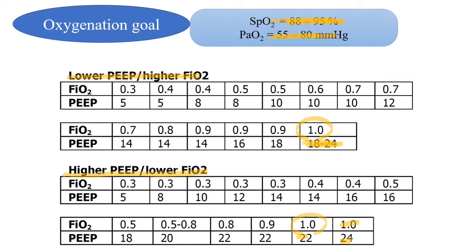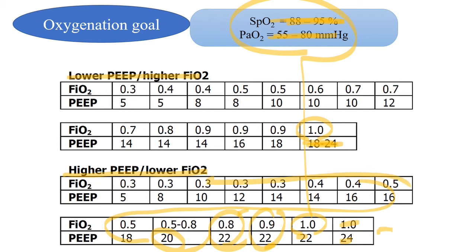When you reach 1 and 22, and the saturation and the PO2 are in your targets, in the next step you will decrease to 0.9 and remain at 22, then 0.8 and remain at 22, and then you will fix the 0.8 and decrease the PEEP to 20, and so on in this table, either from the high FiO2, high PEEP with recovery, or if there is deterioration, you will go in the opposite direction.